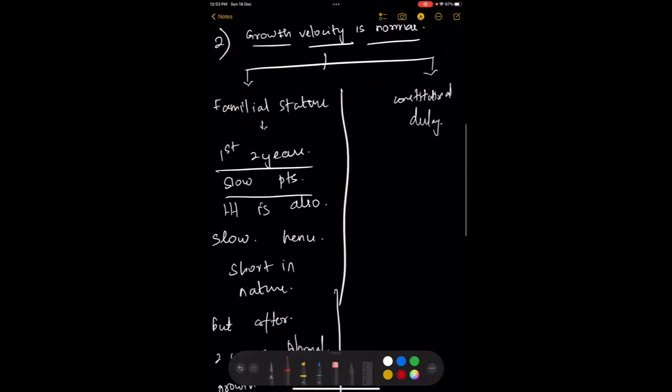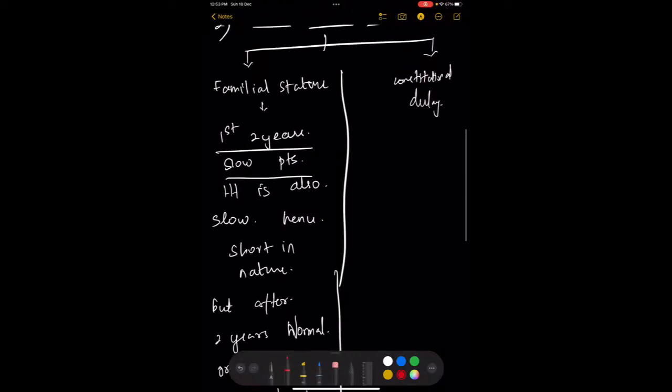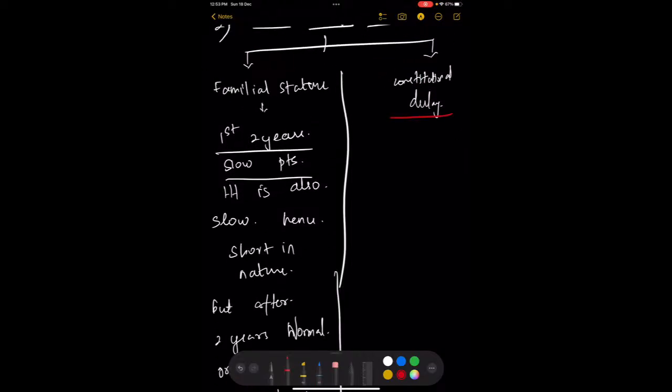But what is constitutional delay? Constitutional delay is due to some malnutrition. The patient has slow growth in the first 1 to 3 years.